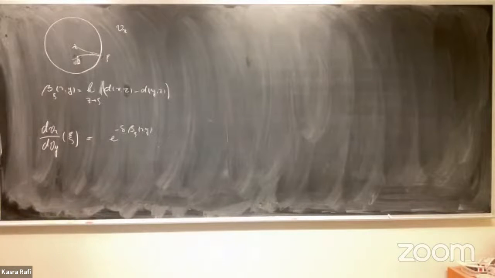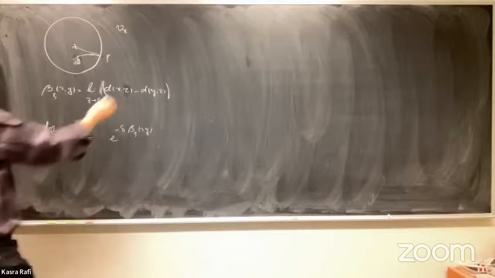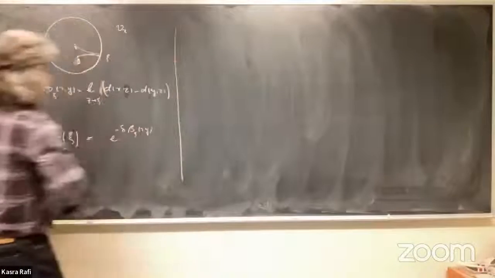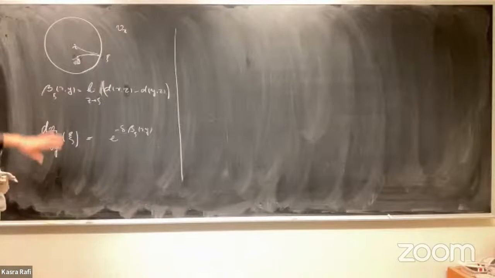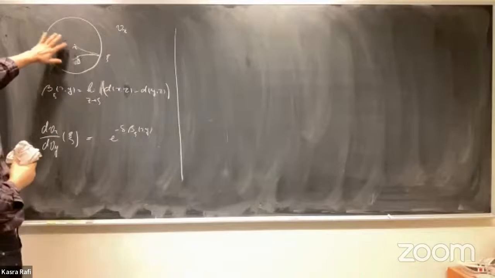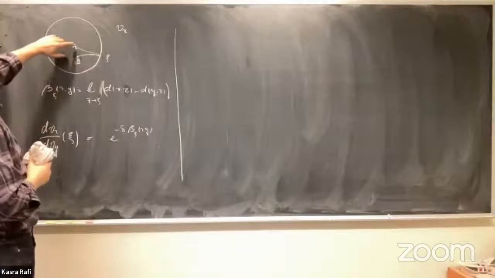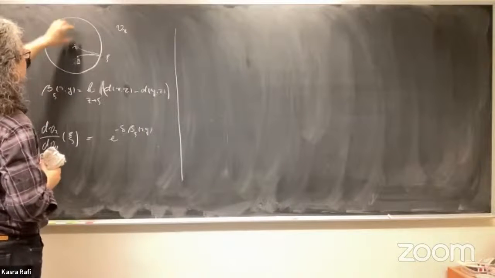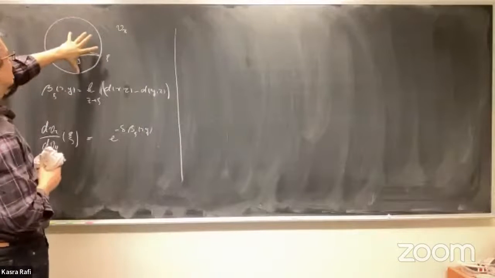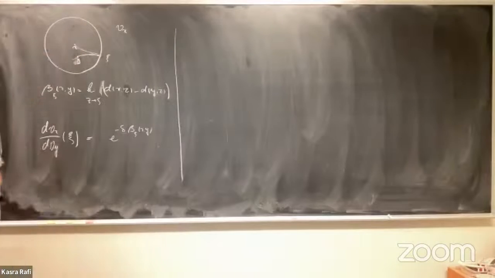There's a nice formula for this. Did I do this correctly? I hope I did. So anyway, there's basically a family of measures, one for every point. The basic idea is that if I move these points by the action of g, then the measure also changes by the action, very nicely.